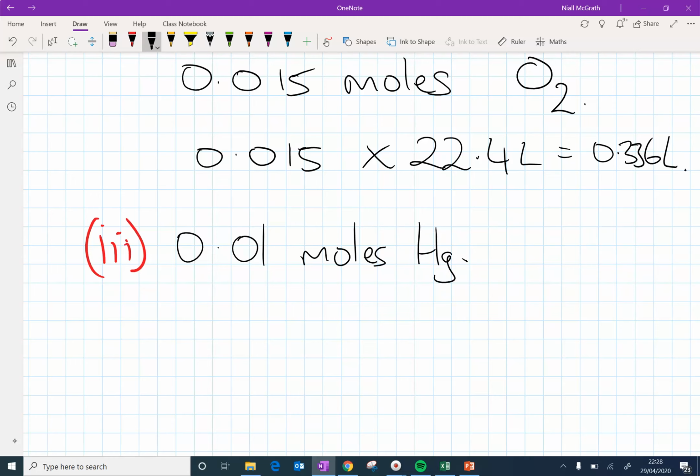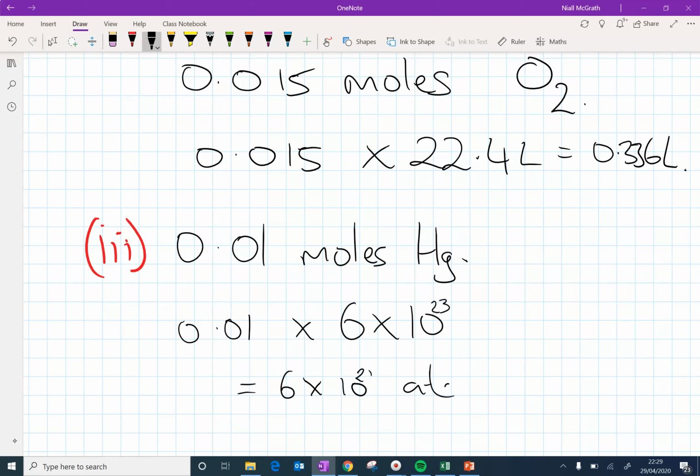To find the number of atoms, we just multiply that by Avogadro's number, so it's going to be 0.01 multiplied by 6 by 10 to the power of 23, and that gives us an answer of 6 by 10 to the power of 21 atoms of mercury.